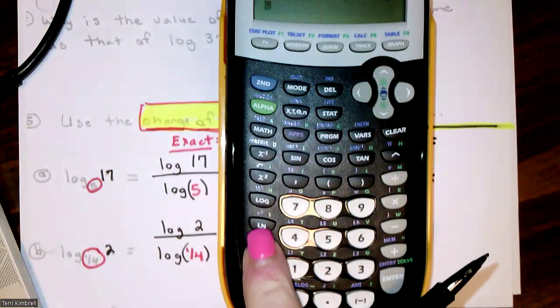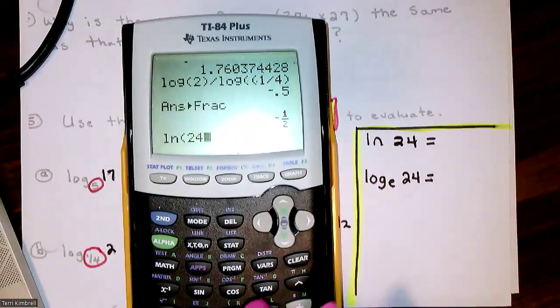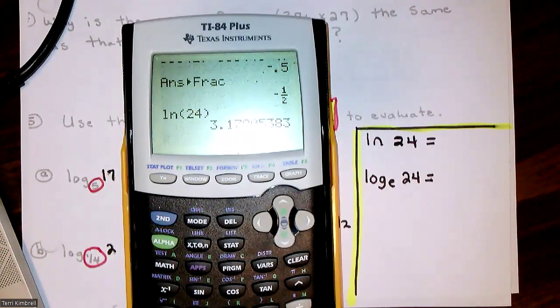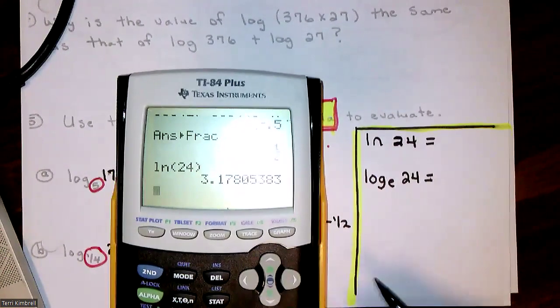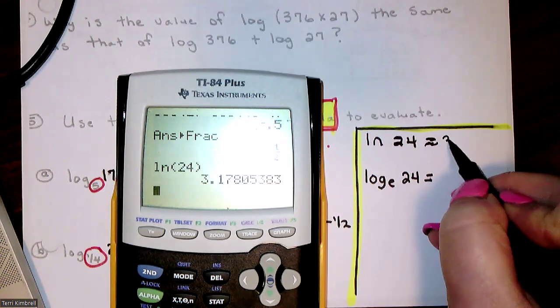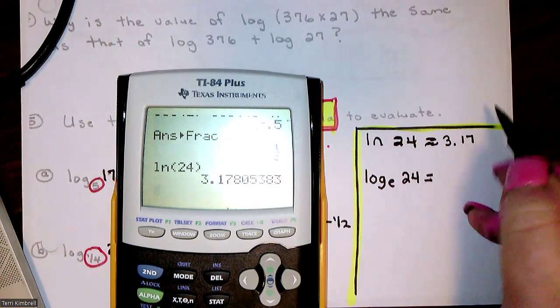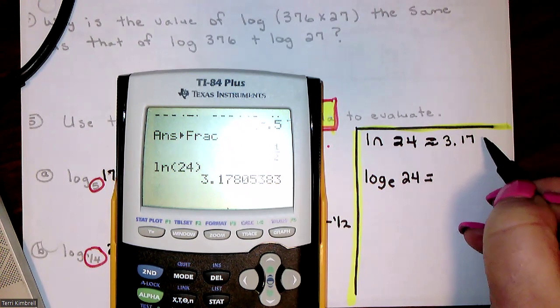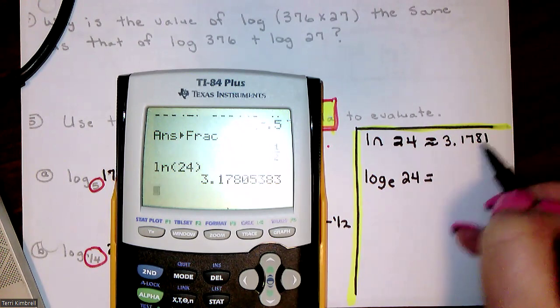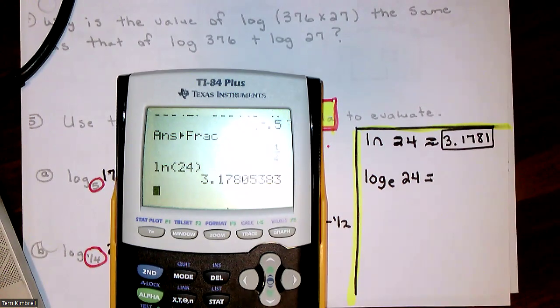So remember that button's on the left. So we're going to do ln of 24 and hit enter. So the natural log of 24, we're going to round. So we're going to do approximately 3.17. That 5 is going to bump the 0 up to a 1, 3.1781.